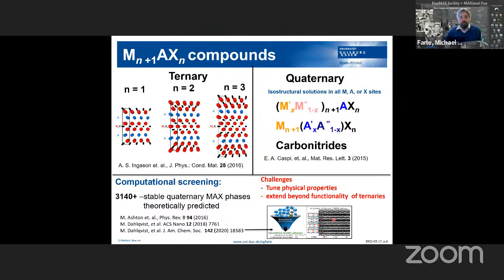But this nice combination, it's a prototype, an ideal scenario, I would say. We have a new class of material where there's a lot of potential combinations. More than thousands of materials can be investigated. So the guidance by theory is necessary.